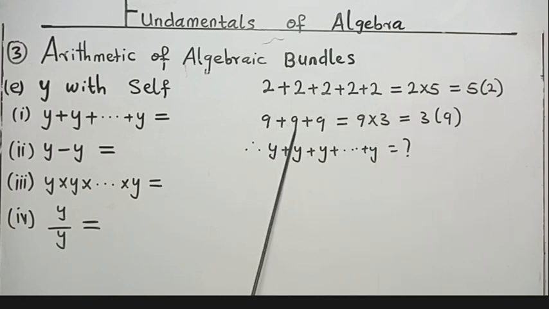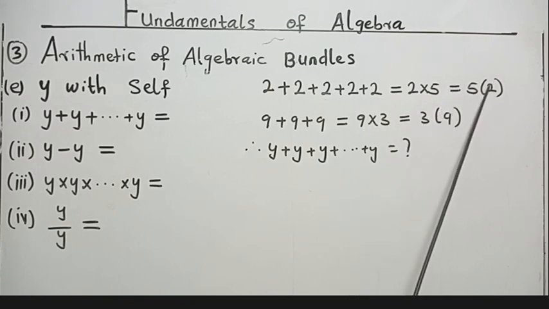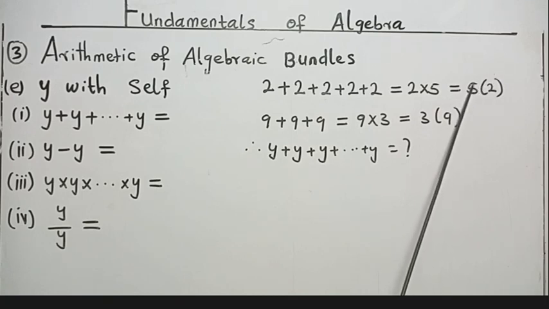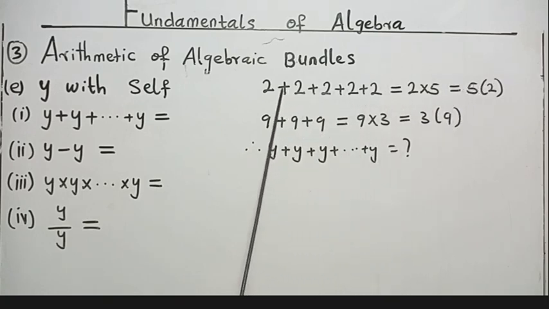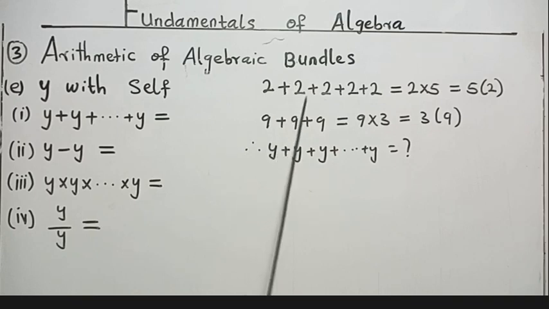What about this one? 9 plus 9 plus 9. This also means 9 brought into 3 times, or 9 times 3. 9 times 3 simply means 3 9s. I hope you know and remember that this is 3 9s. If this is 3 9s, please compare it with the first result. If this 5 indicated how many times 2 appeared when being added to itself, what about this 3?